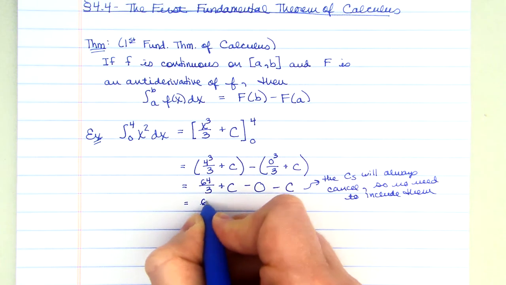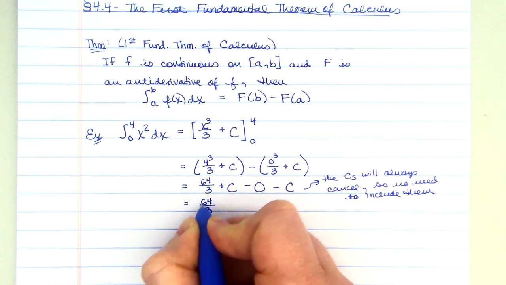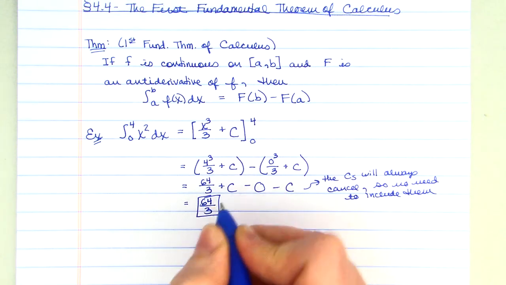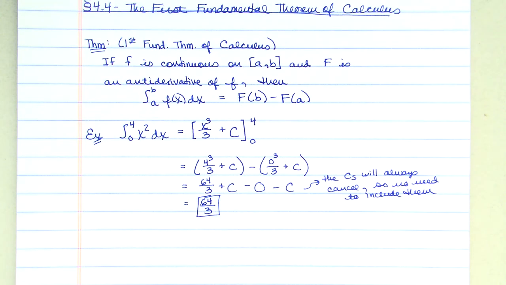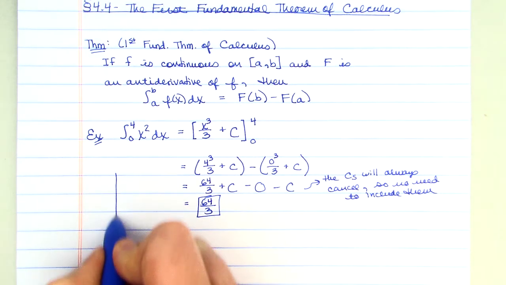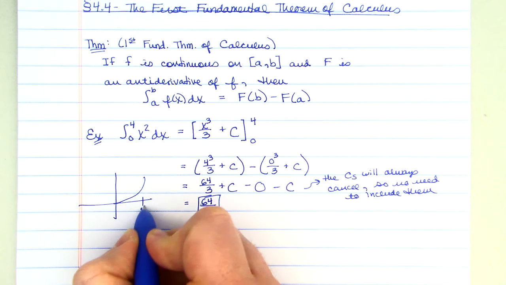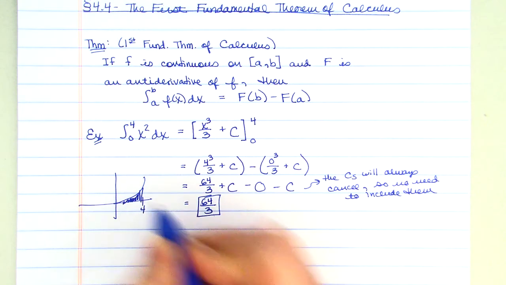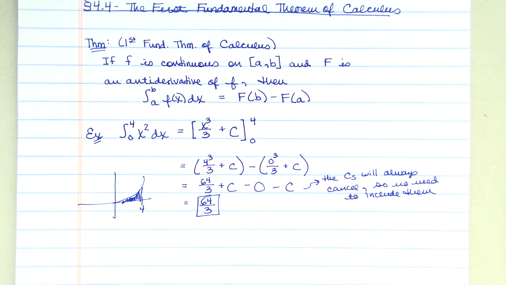And finishing this off, my definite integral is 64 over 3. The signed area under that parabola starting at 0 going to 4, that signed area is going to be 64 thirds. This is the same answer we would have gotten had we done the limit process and all that stuff.